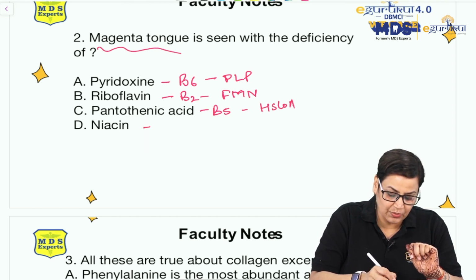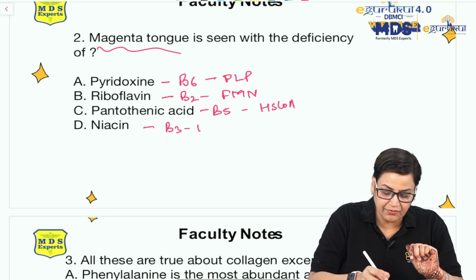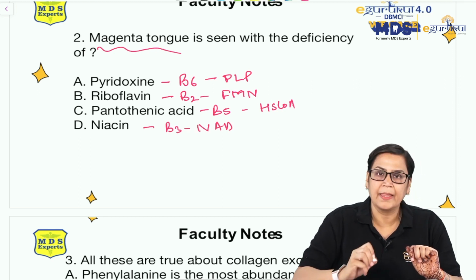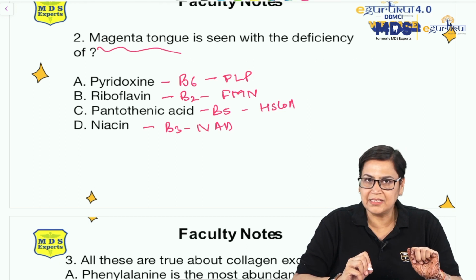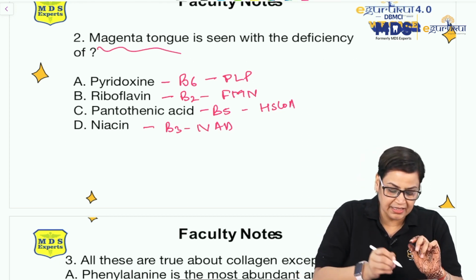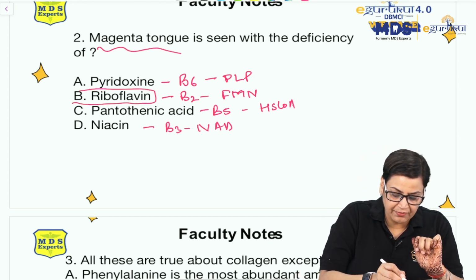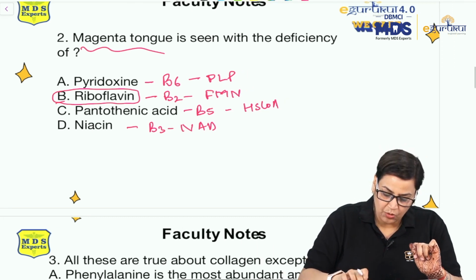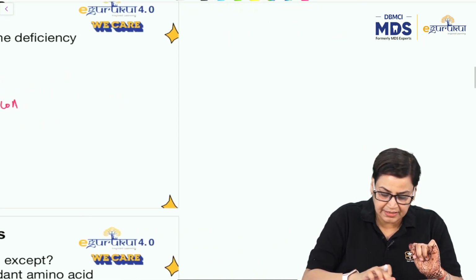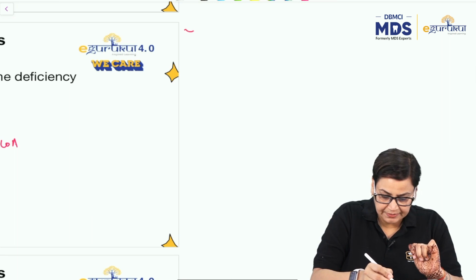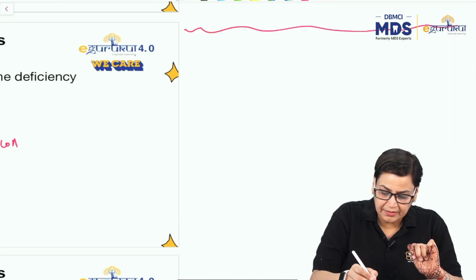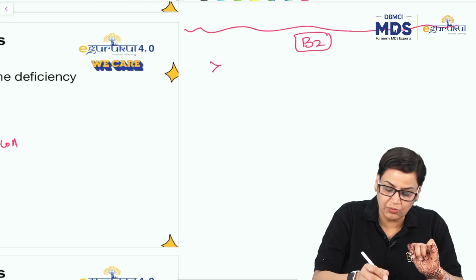And niacin is vitamin B3, whose active form is NAD. So first of all, let's discuss the question. Magenta color, the answer is riboflavin. Now, what is this riboflavin? First of all, it is a water-soluble vitamin.